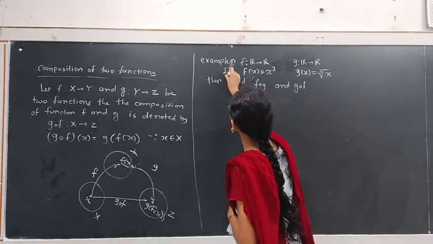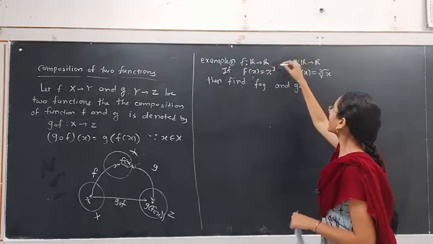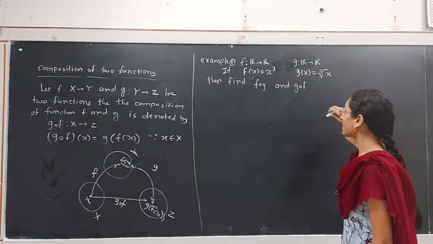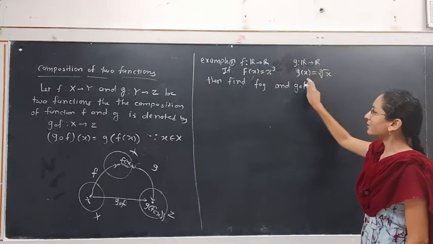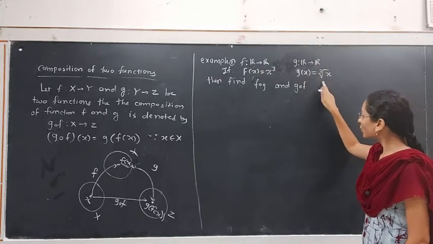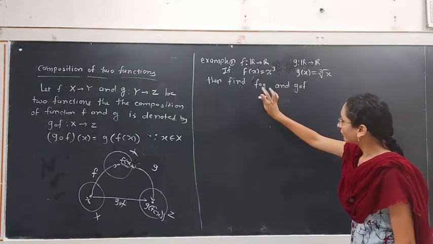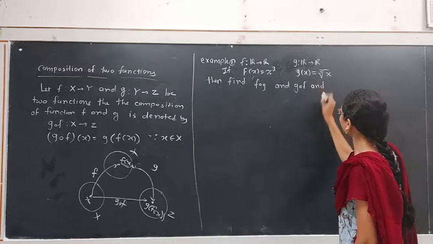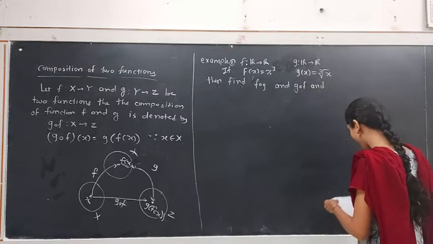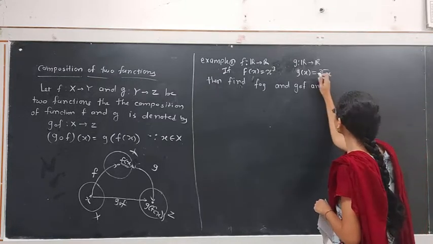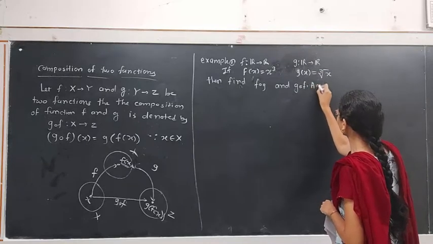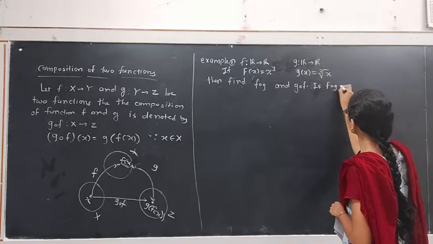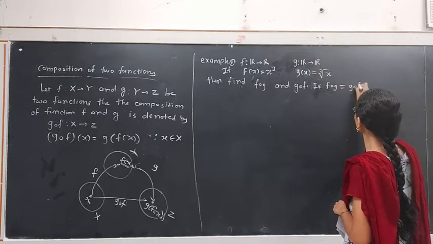If we have two functions, f from the set of real numbers to real numbers defined by f of x is equal to x cube, and g is a function from R to R defined by g of x is equal to cube root of x, then we find f∘g and g∘f, and the question is whether f∘g is equal to g∘f.